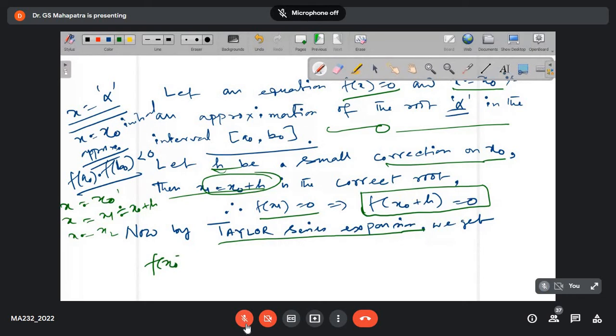f of x0 plus h times f dash of x0, plus h square by 2 factorial times f double dash of x0, and so on.